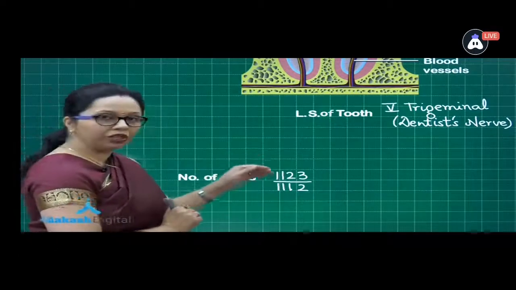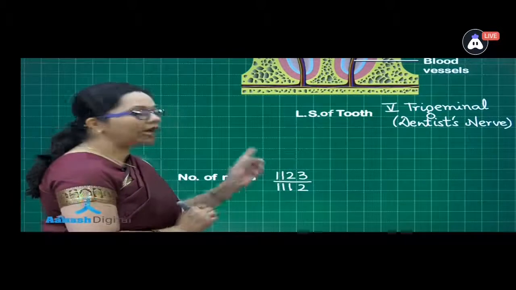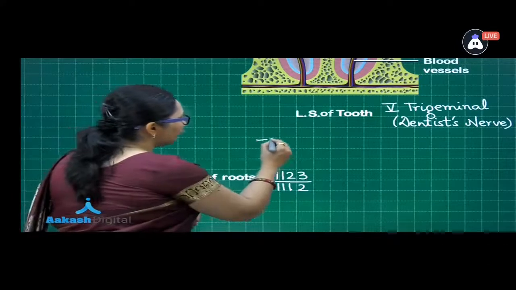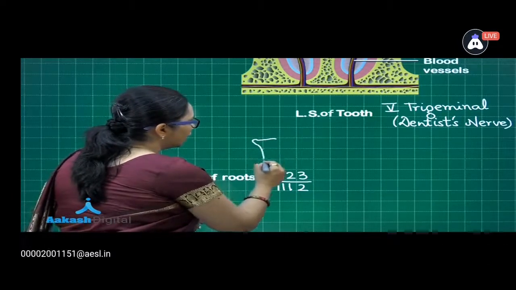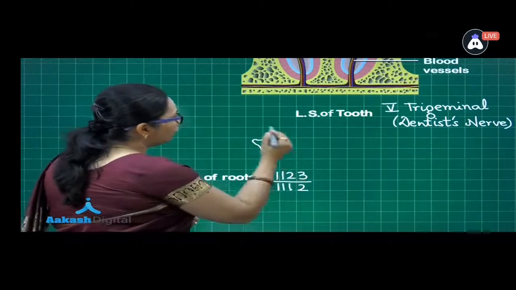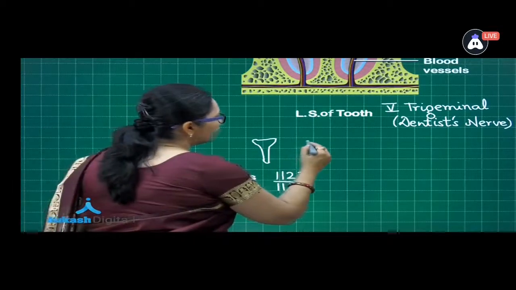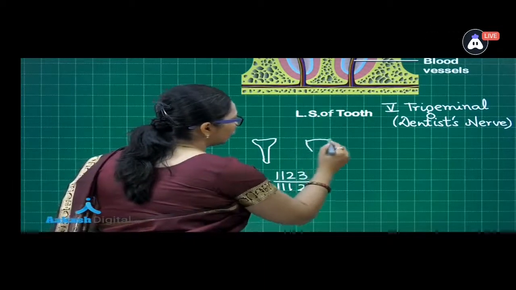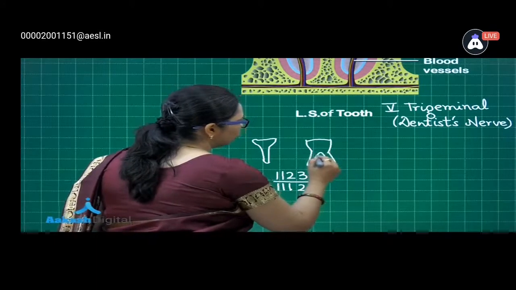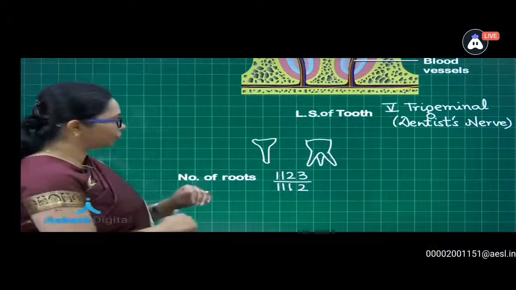Now let me tell you what it means: in the upper jaw, the incisors and canine have 1 root each, so these will have a single root. The premolars have 2 roots, as can be seen here. The molar has 3 roots. That means just like a tripod, 2 roots and 1 from the back side, making 3 roots.